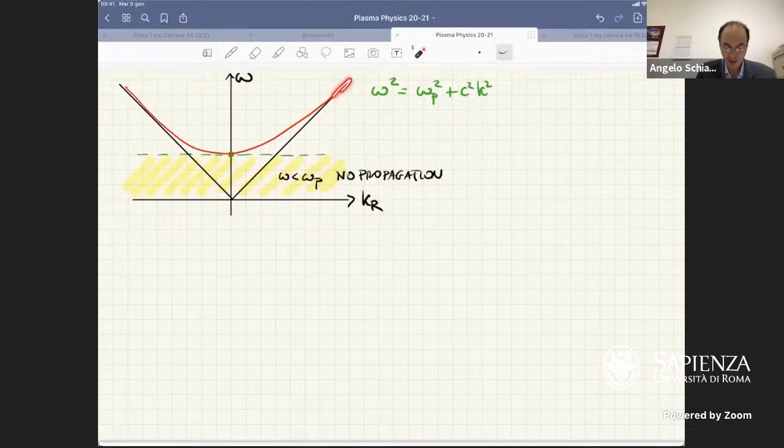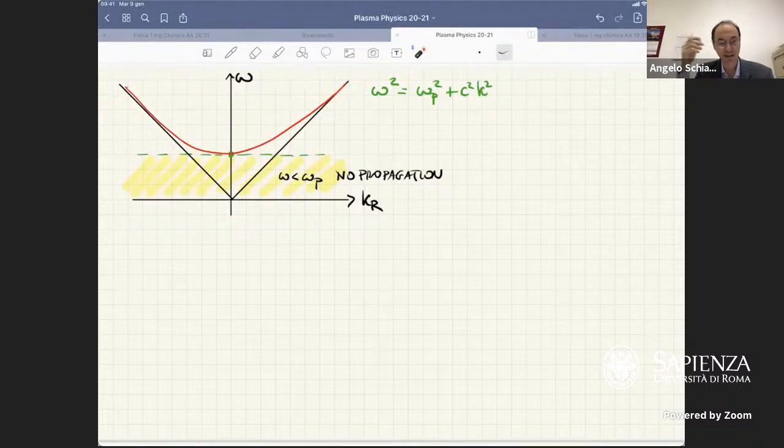Okay. And let's recall the properties of this plot. For very high k numbers, which means very short wavelengths, the phase velocity and the group velocity are the same. Plasma is becoming non-dispersive.